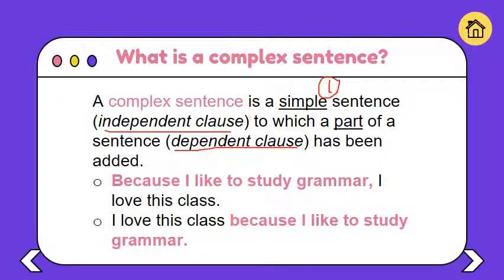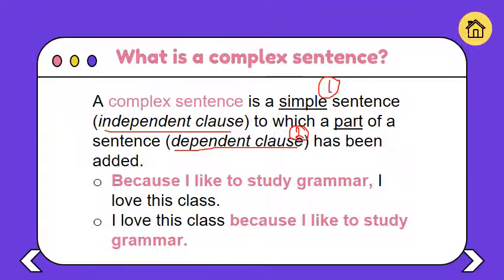So we add the independent clause to a second part of the sentence that is called a dependent clause. In other words, in the complex sentence we find an independent clause and a dependent clause together, they make one complex sentence. Let's have examples. Because I like to study grammar, I love this class.